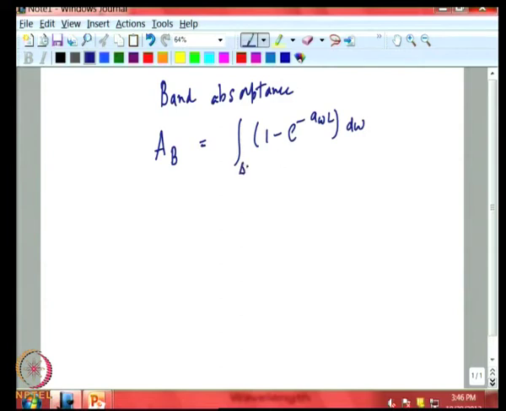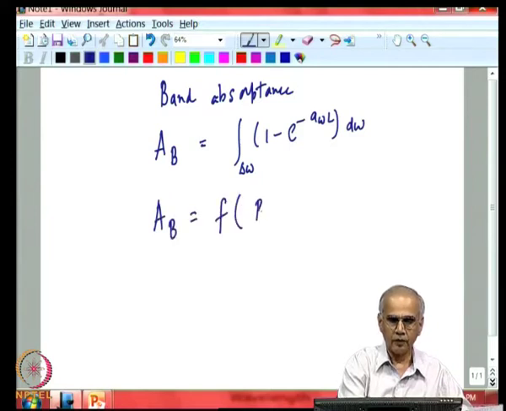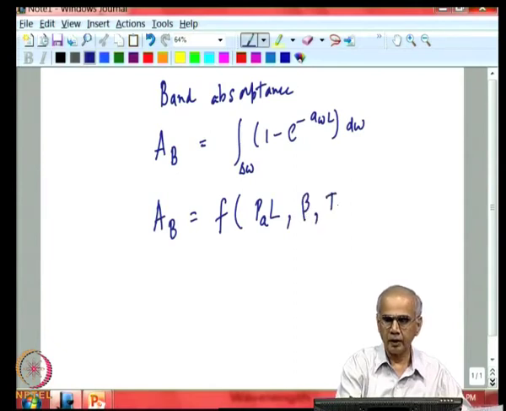This has to be integrated over the band. And we pointed out that the band absorptance is a function of the partial pressure of the absorbing gas times the length scale, the line structure parameter, and the gas temperature.